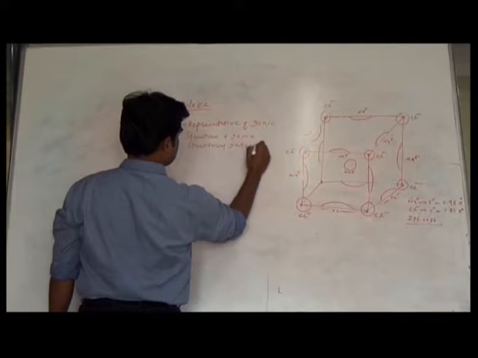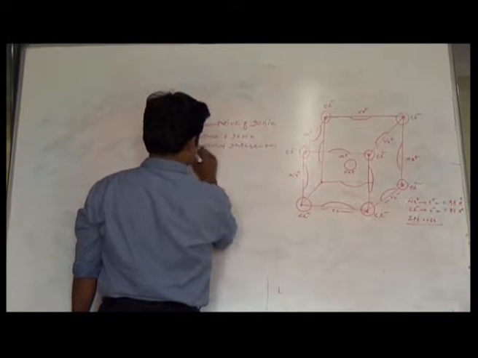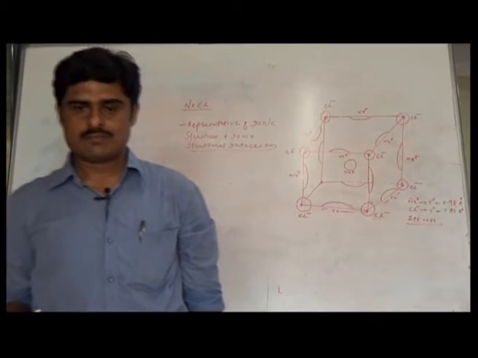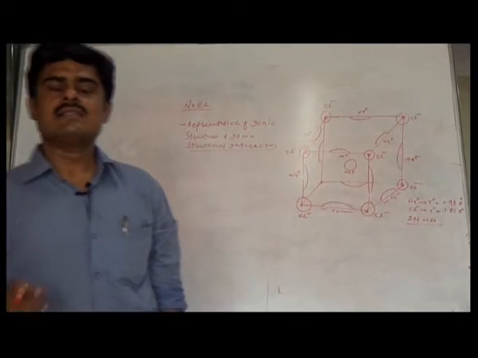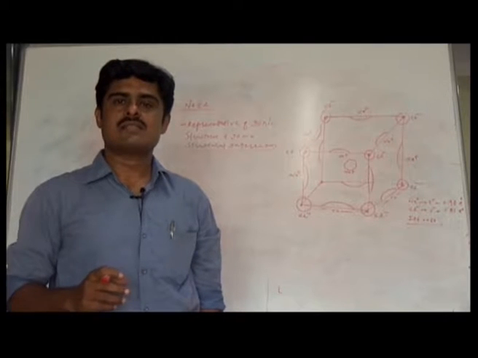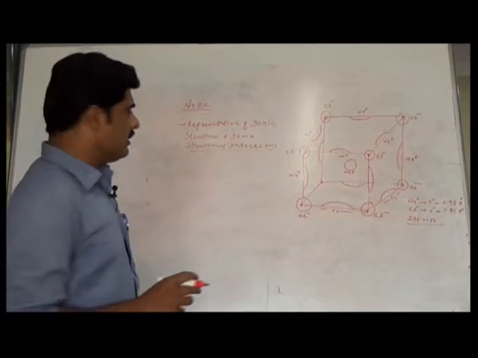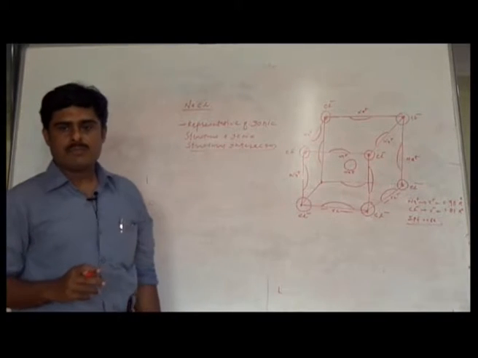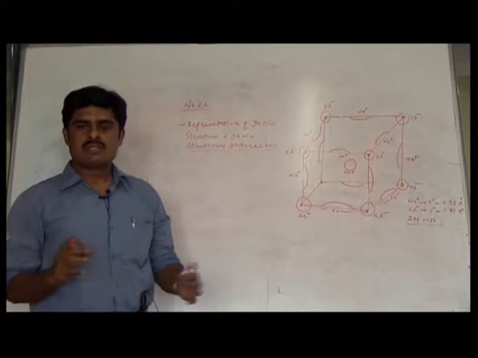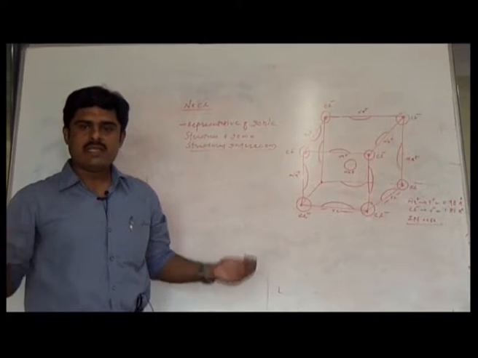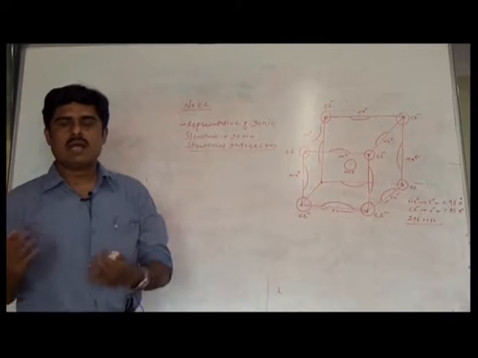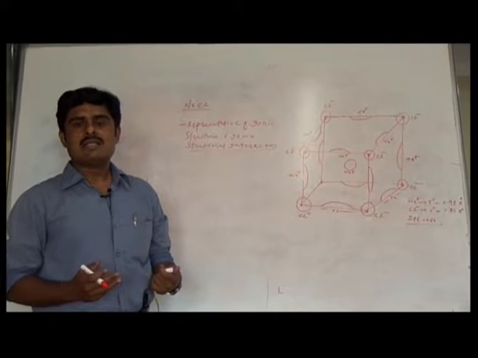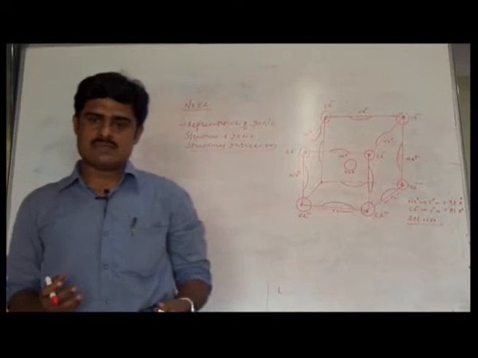Why do I say this? Because ionic structures act in a specific way. They do not act in the same way as covalent structures act. So naturally, our interest is to know this representative example in terms of its structural configuration, and then how we can use this structure for understanding other ionic structures as well.